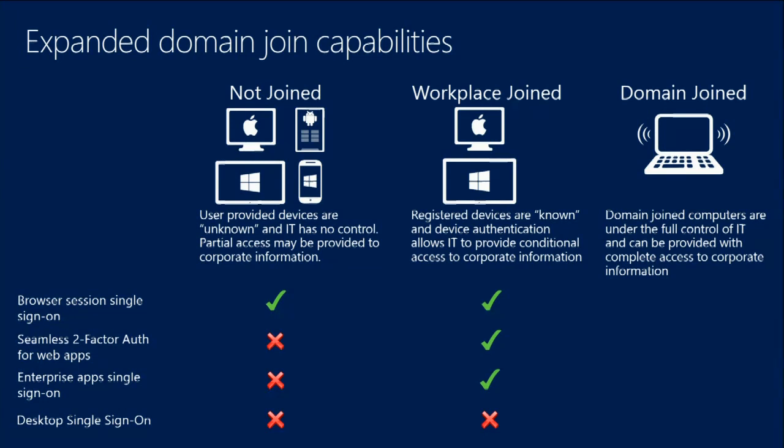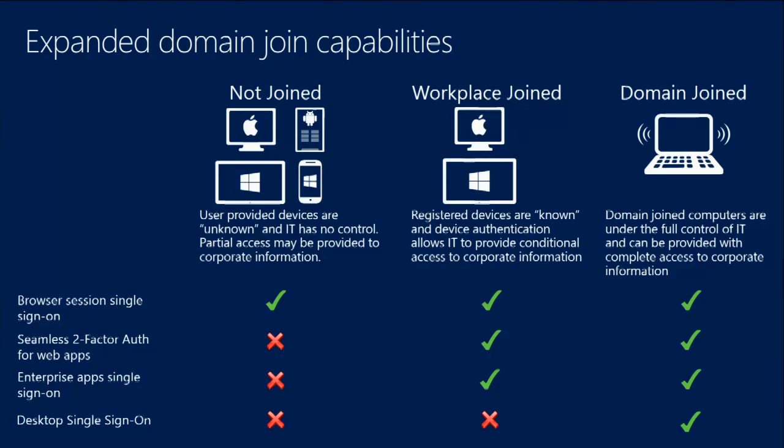You saw me talk about multi-factor authentication where I enable that in ADFS. This is one of the capabilities I'm going to get with a Workplace Join machine. I'm going to get Enterprise Application Single Sign-On because now I know the device and I know the user. But I'm still not going to have a desktop single sign-on capability.